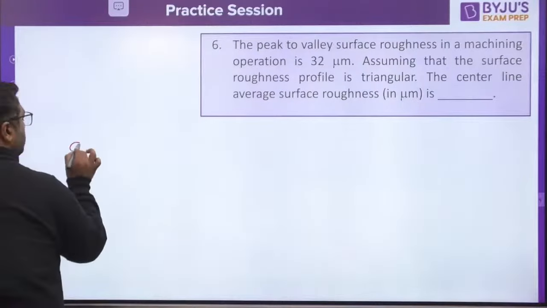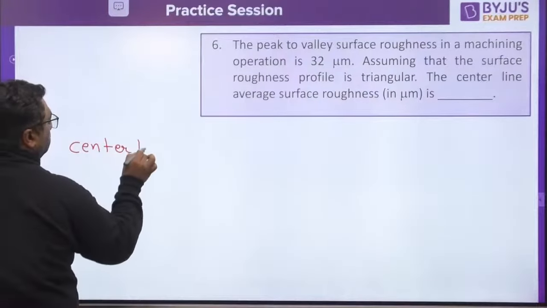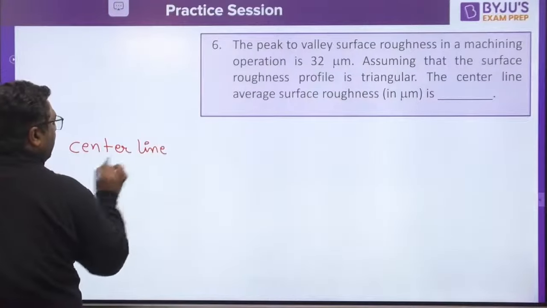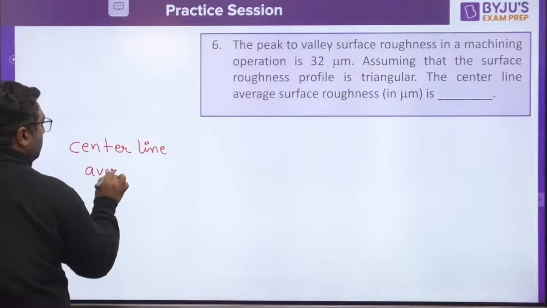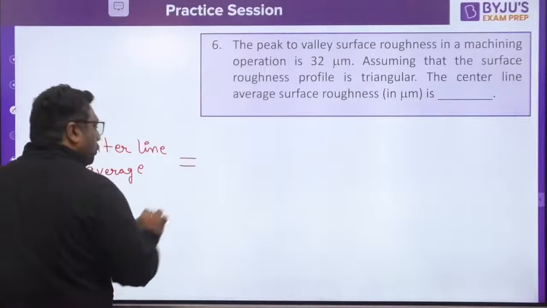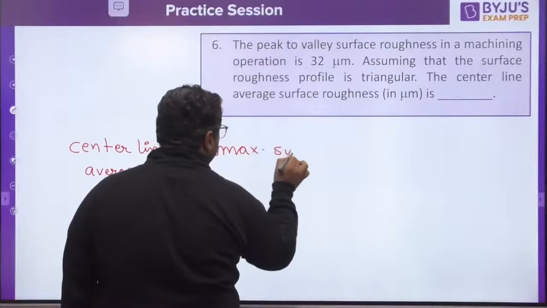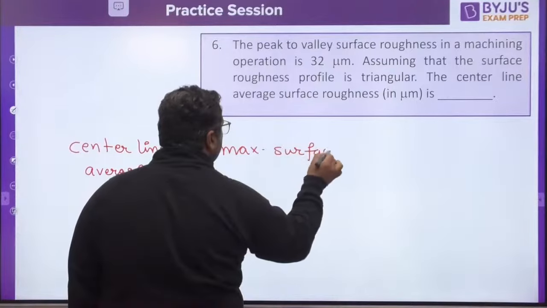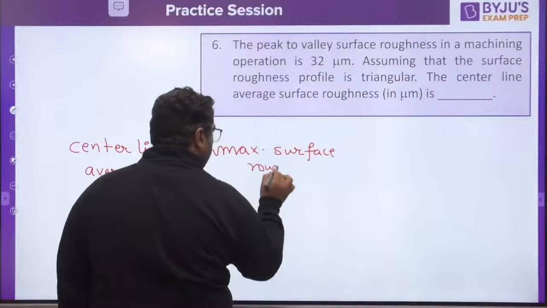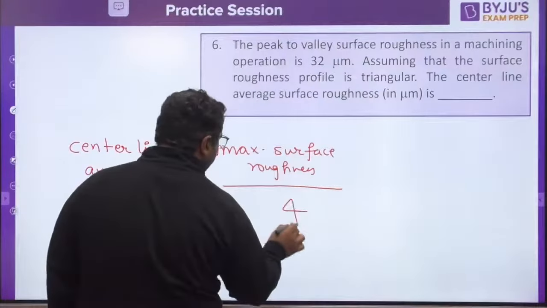So center line average is equal to the maximum surface roughness, which is peak to valley height, divided by 4.